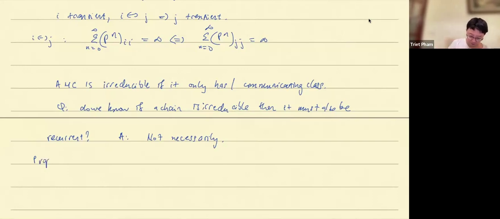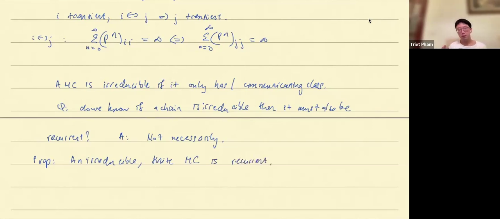So the following proposition: an irreducible finite Markov chain is recurrent.